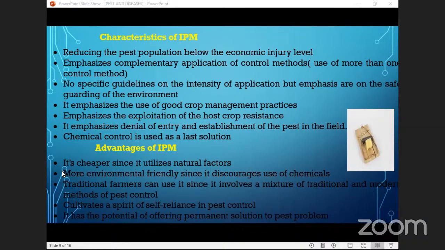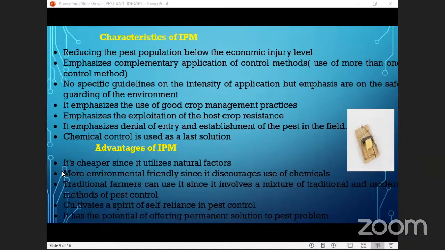You boost the crop's ability to resist the pest. And I will explain how it is done. By breeding, by early planting, such that the crop escapes the pest population. And then the other, the chemical control is used as the last solution. It's the last thing to be used.